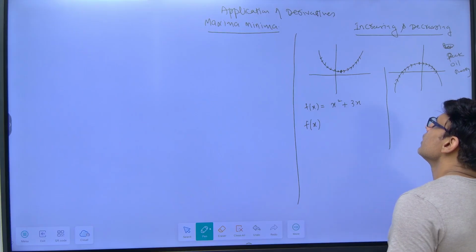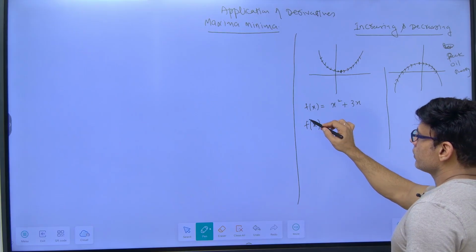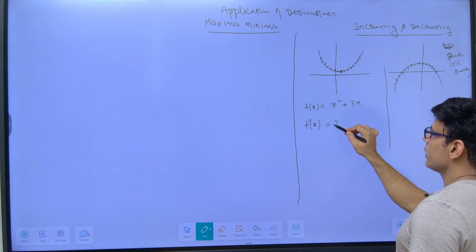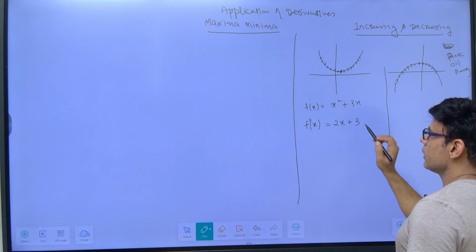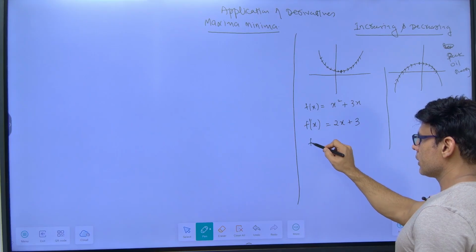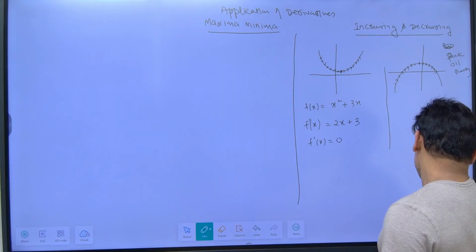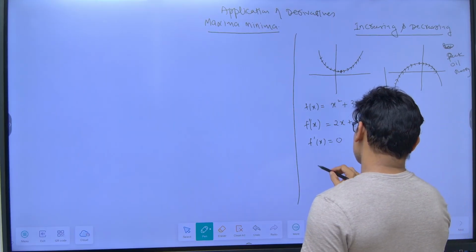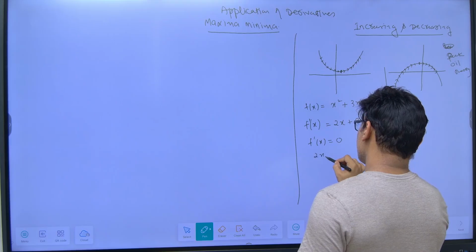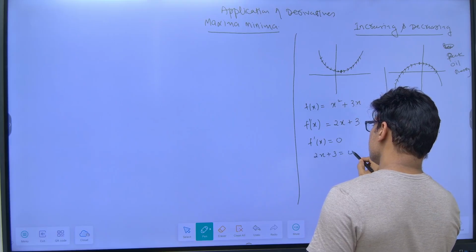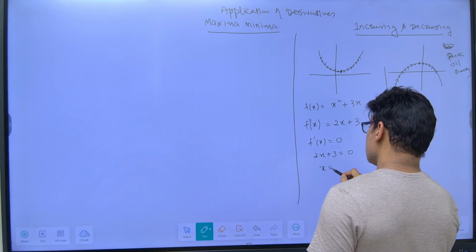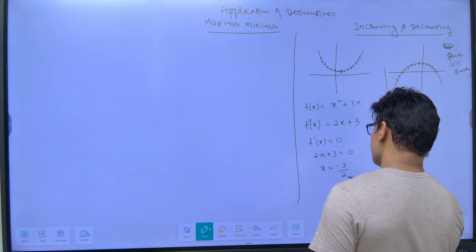Next step is you differentiate this function. Now we know the differentiation, it is 2x plus 3. Then the next step is put f dash x is equal to 0. Once you put f dash x is equal to 0, you write 2x plus 3 is equal to 0 and x is equal to minus 3 by 2.